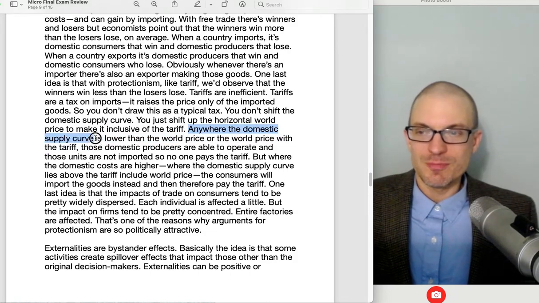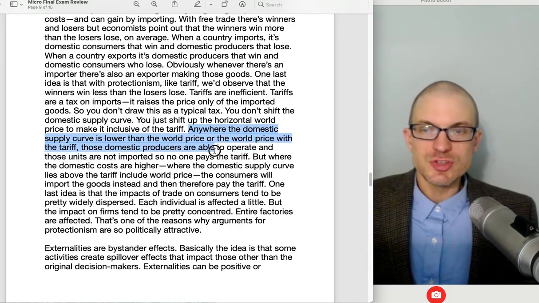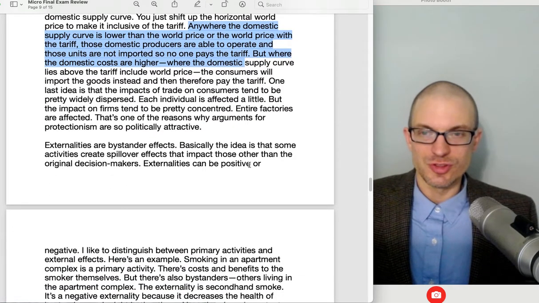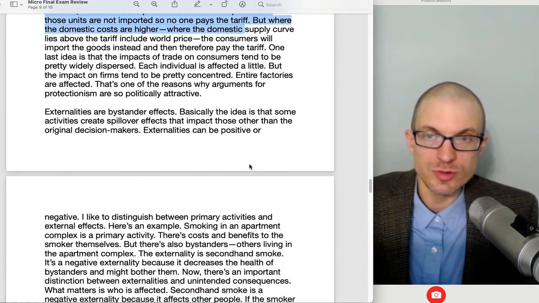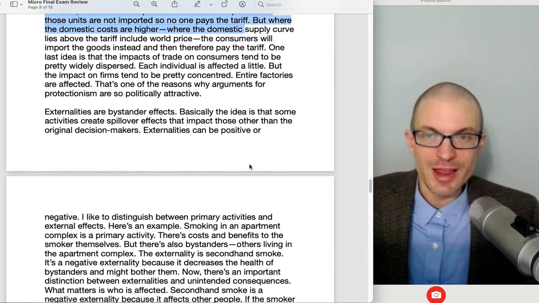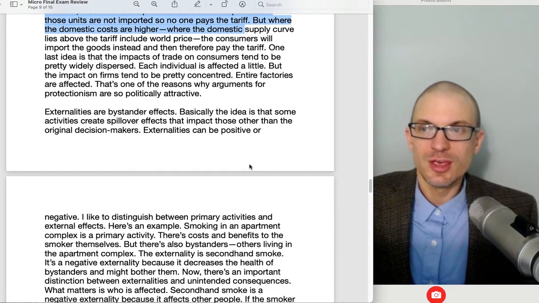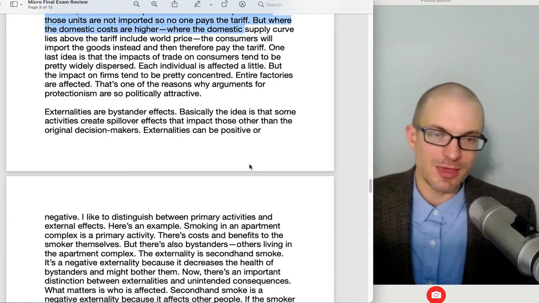Anywhere the domestic supply curve is lower than the world price inclusive of the tariff, those domestic producers are able to operate, and those units are not imported, so there's no tariff being paid. A tariff is a tax on imports only. But where the domestic supply curve lies above the tariff-inclusive world price, consumers will import the goods instead of buying domestically, and therefore they pay the tariff.